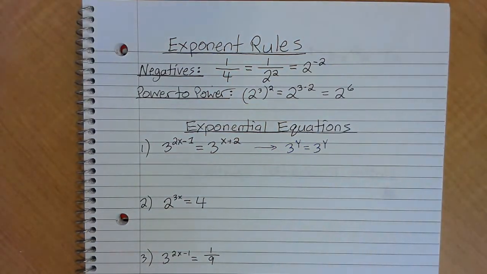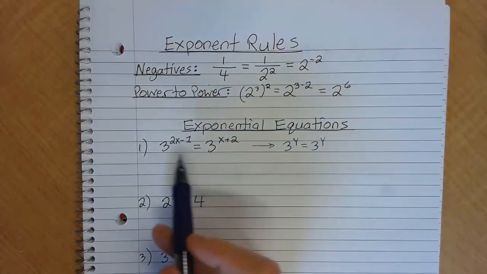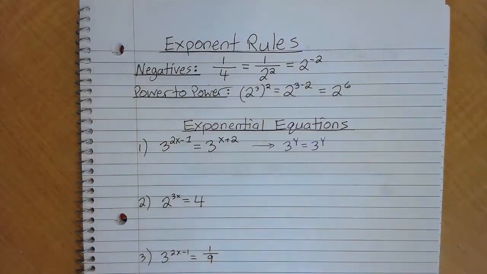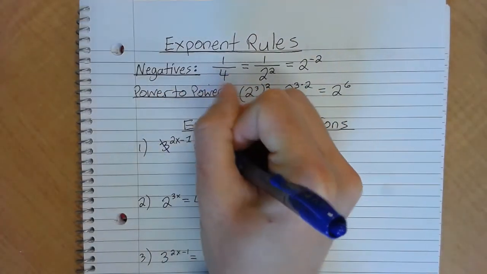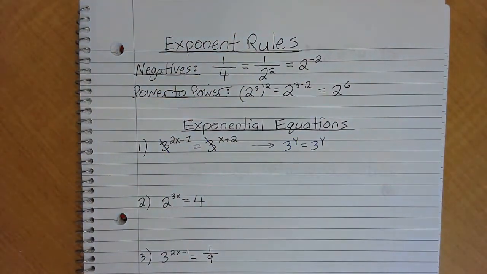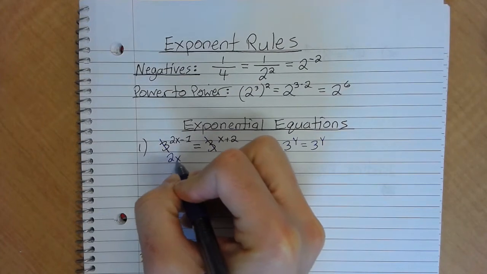Well, those are obviously equal. They're the same. So I just need to get these two exponents to be the same. So if you have the same bases already, both being 3's in the case of number 1, I can basically just get rid of those two 3's and then look at what the exponents are and set them equal to each other.